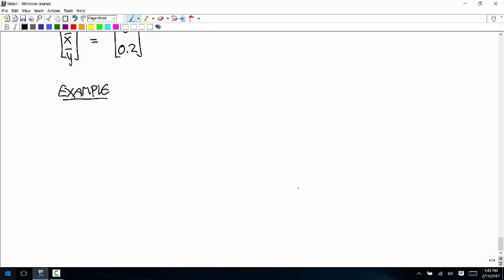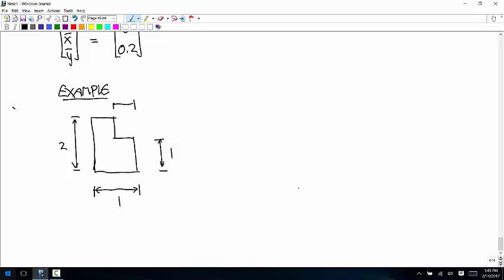Okay, so let's say we have a shape like this, where this is 1, this is 2, this is 1, and this is 0.5.